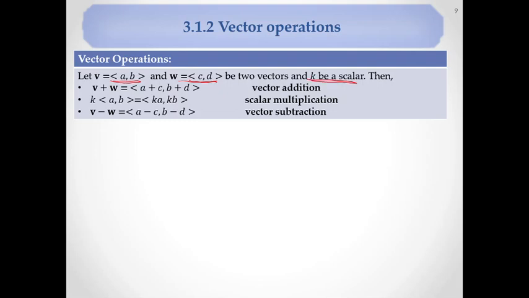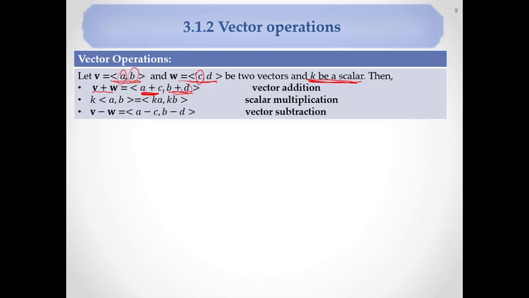And k is a scalar, k is just a number. We can add two vectors and we will get another vector from it. When you add two vectors, you add the horizontal components and then the vertical components, and you put a comma, and you use the vector notation here.